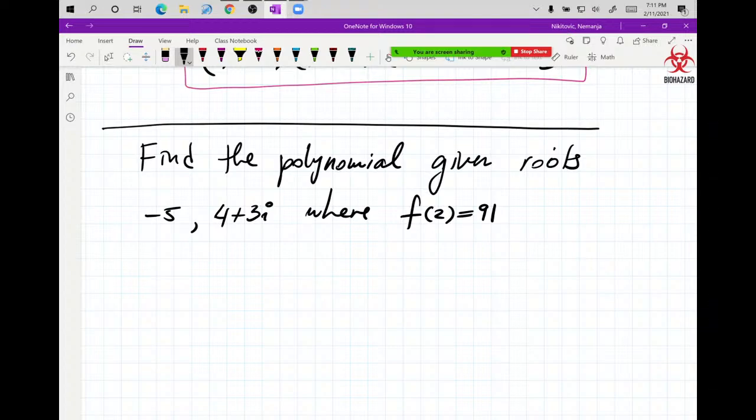All right, so now what? We look at this problem and say I have to first make the factors and multiply them. Now, my favorite trick question of all time. How many roots do we have here?